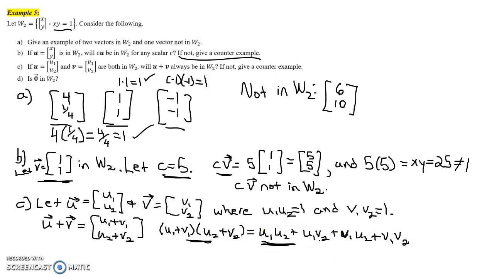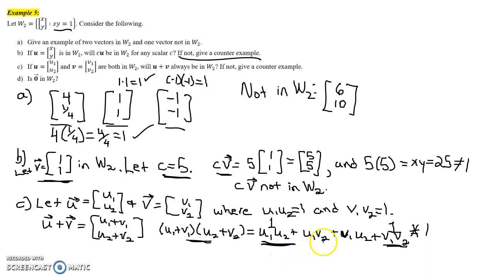Now u1 u2 is equal to 1, and v1 v2 is equal to 1. So I suspect it's definitely not generally true that this whole sum is going to come out to 1. I suspect often it will not equal 1.